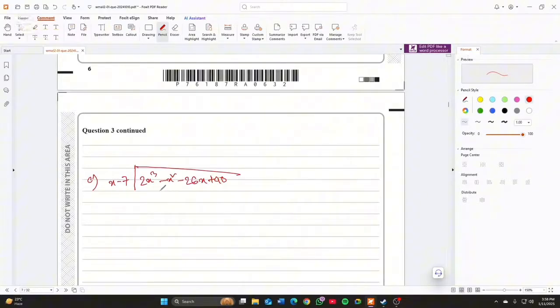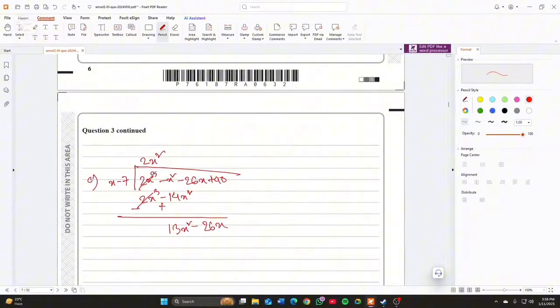Okay, so now what do we need to multiply with this to get 2x cubed? We just multiply 2x squared. So 2x cubed minus 14x squared, the sign changes since we are subtracting. This cancels out. So 14x squared minus x squared is 13x squared, and we put this value here, 26x.